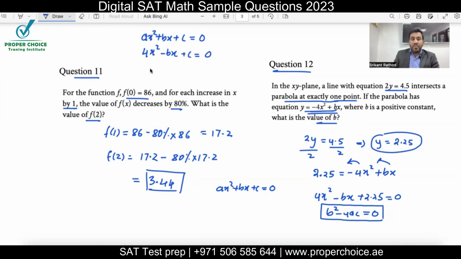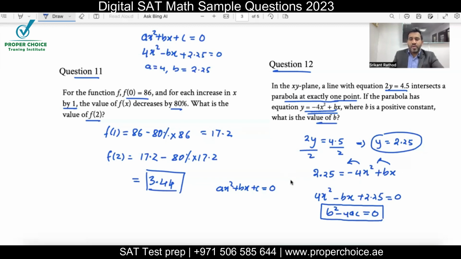From this, what is the value of a, b and c? b is what we are supposed to find. The a value here is 4, and c is 2.25. Sorry, it's not b, it is c that is 2.25. So plus 2.25 equal to 0, and make use of this.